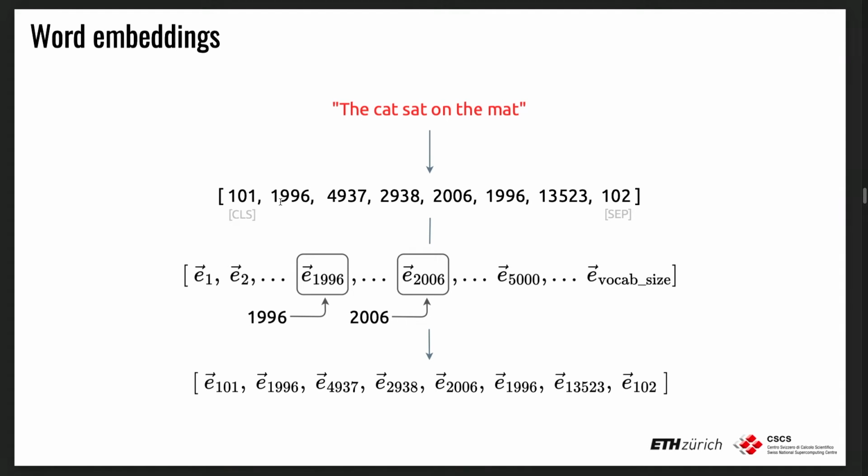When you give this sequence of tokens, a lookup table will find the tokens in this matrix, in this table of embeddings, and replace the sequence with the corresponding vectors. Now we have a representation of words that can have some sense.